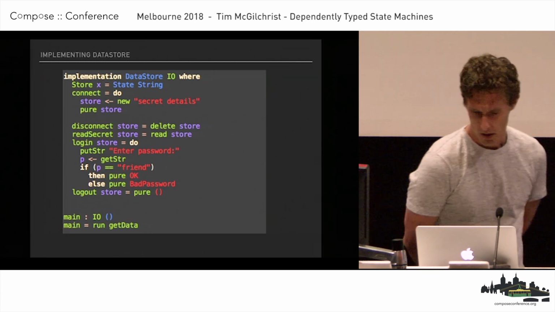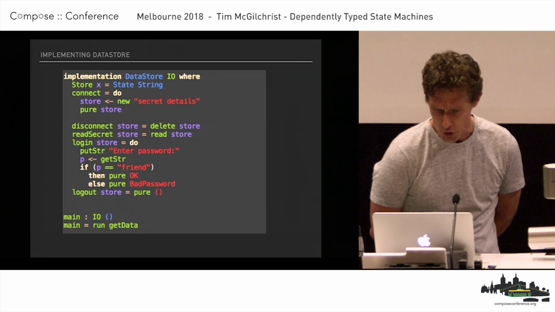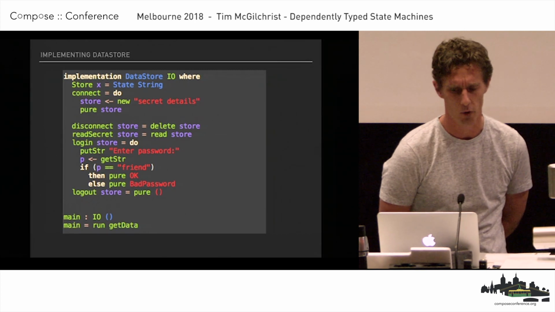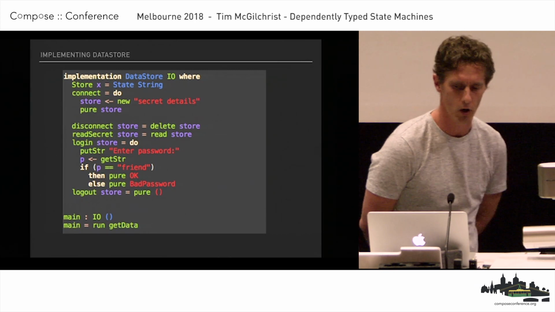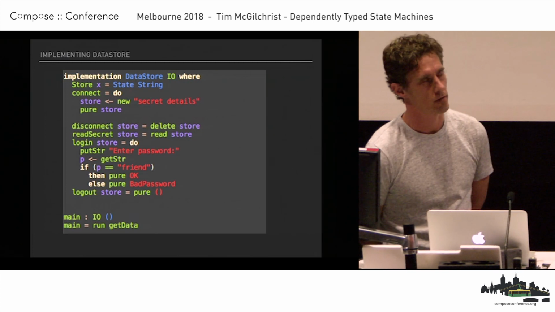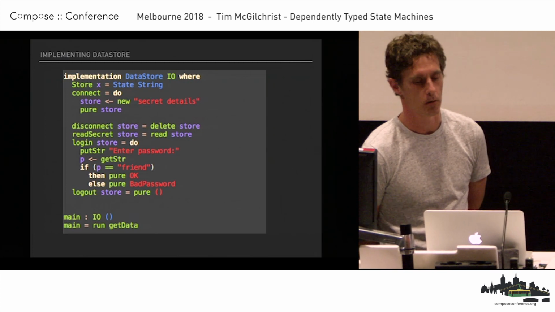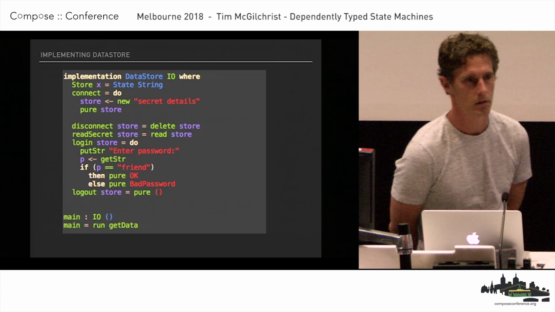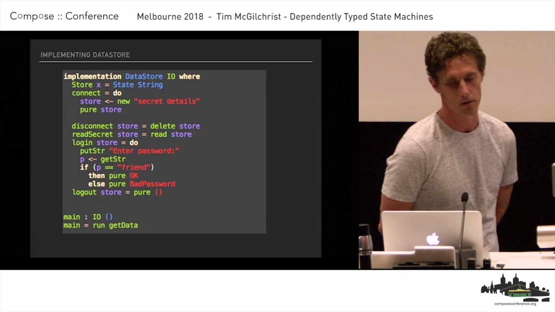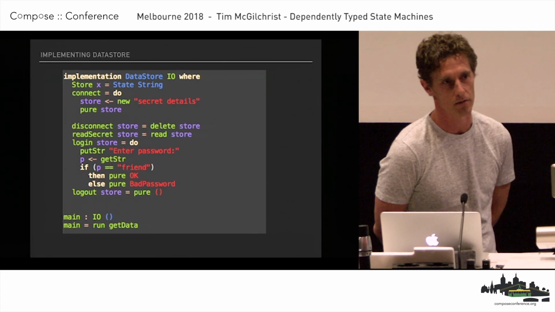The new, delete and read functions work on what you can think of as a mutable variable, I suppose. Some sort of stateful variable that you've created, like an MVar or something from Haskell.